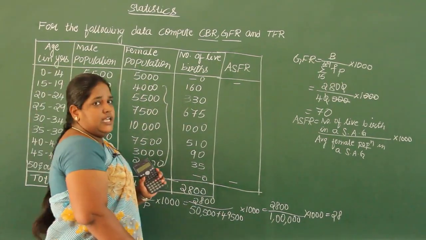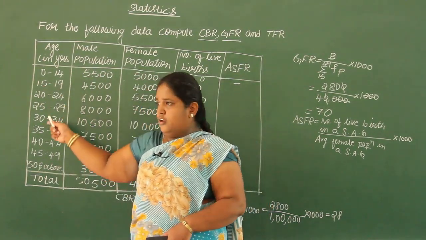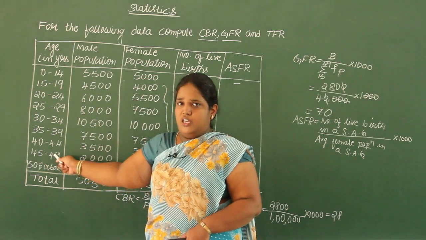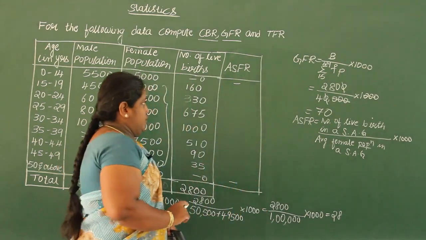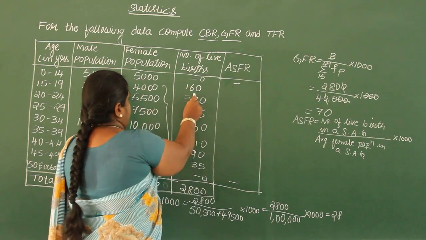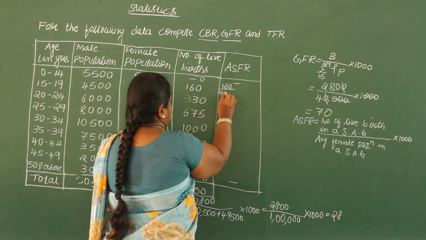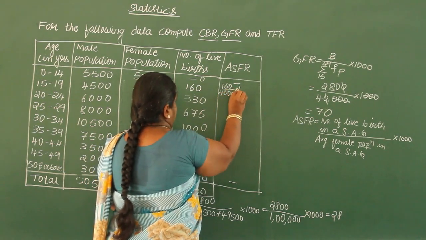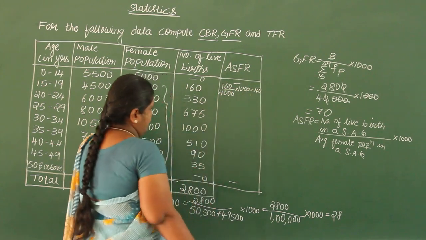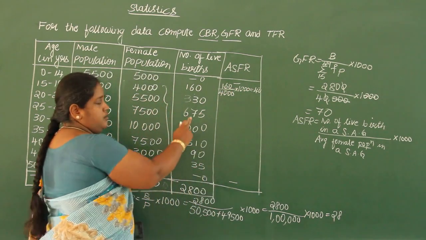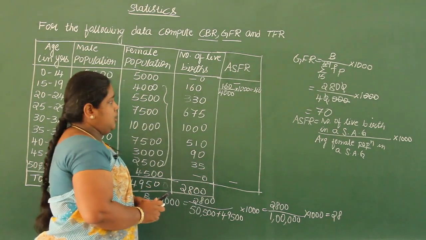So we'll be calculating only for the childbearing age group, and this problem can be done because the width of the given question is 5. So we can do the TFR problem. Now 160 divided by 4000 into 1000 gives the value 40. Next one, 330 divided by 5500 into 1000.